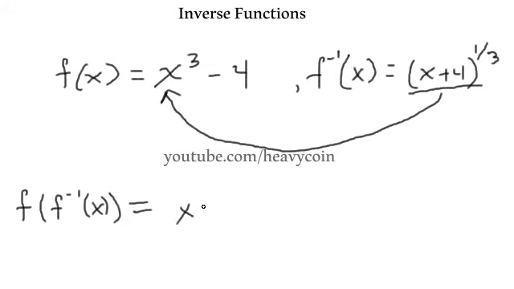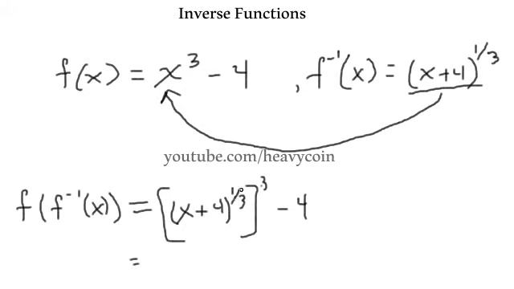So we have x plus 4 raised to the third, and of course this whole piece here is raised to the 1/3. x plus 4 to the 1/3 all raised to the third, minus 4, and then we want to simplify this stuff down.